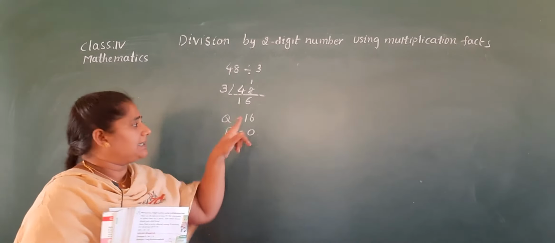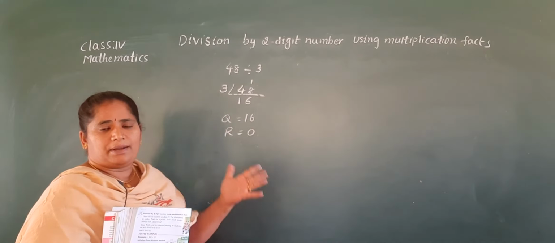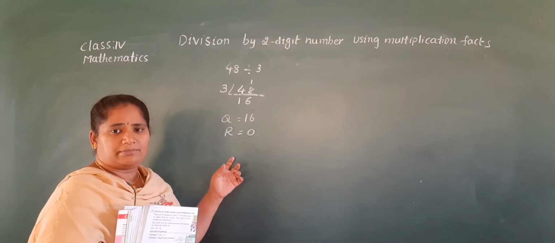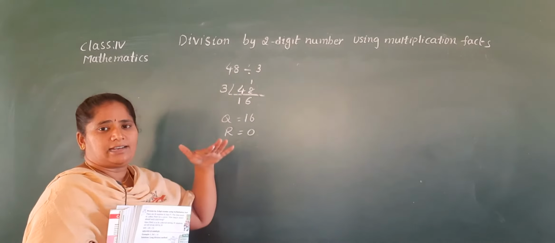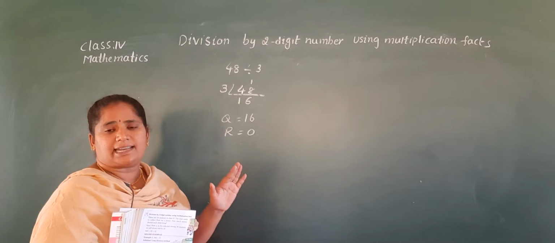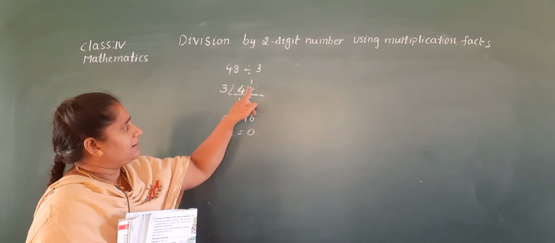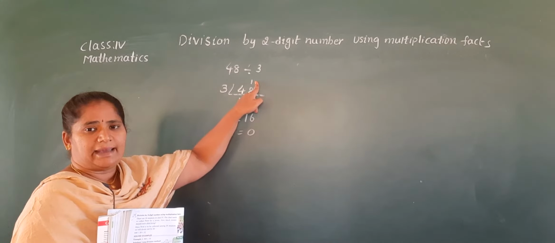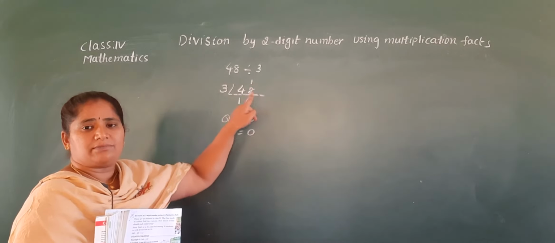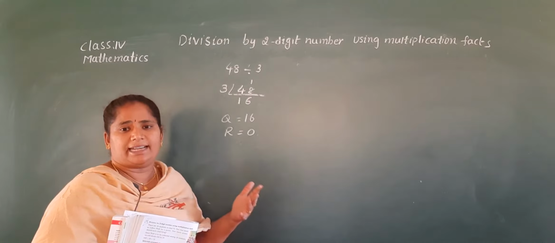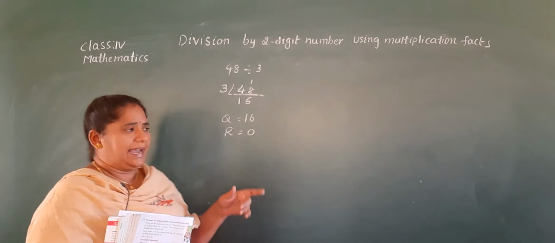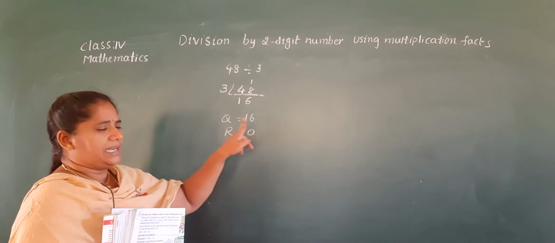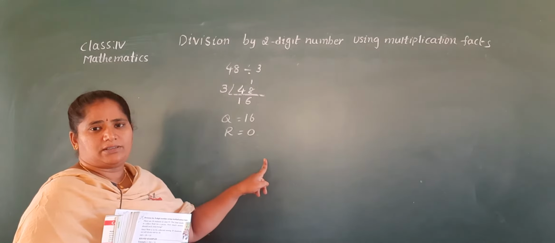So 1 goes in the quotient place directly, but the 3 can't be written in the short division method, so you do that calculation in your mind. 4 minus 3 is 1. That 1 you write above the next digit. Then 1 and 8 becomes 18. Come on, tell me the 3 table. 3 sixes are 18. So quotient equals 16, remainder equals 0.